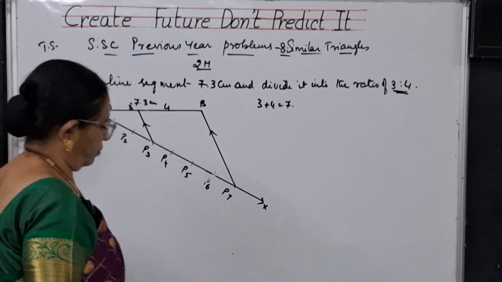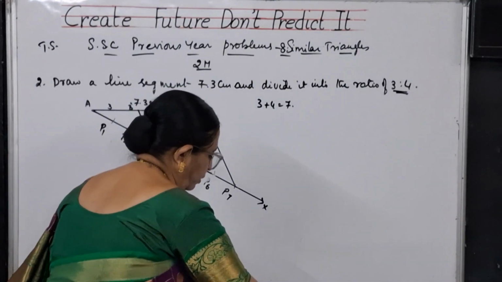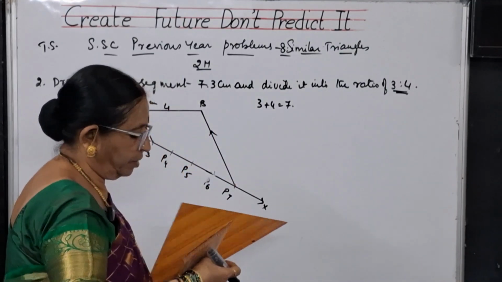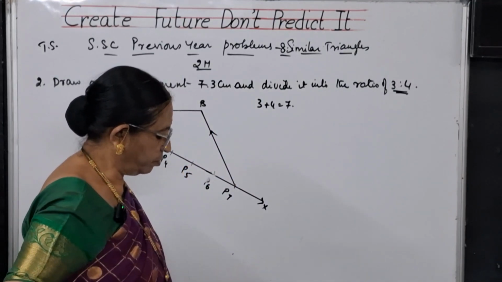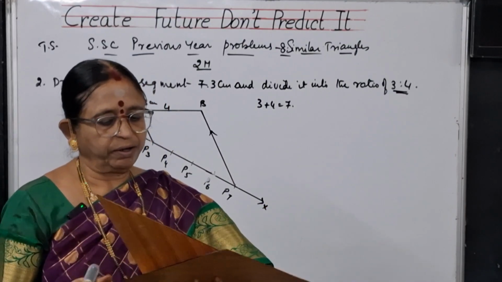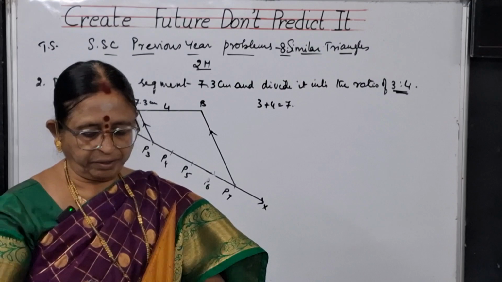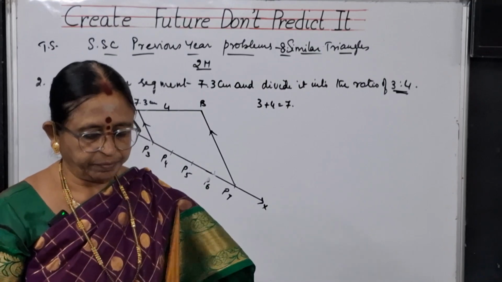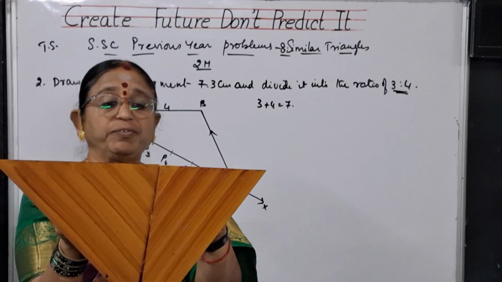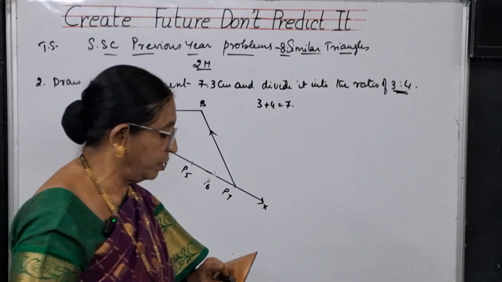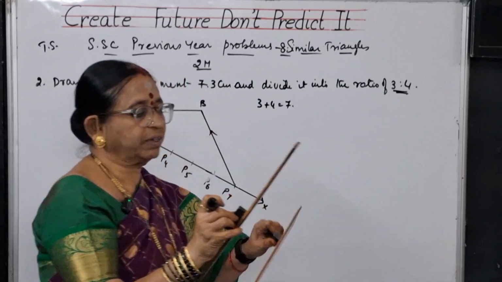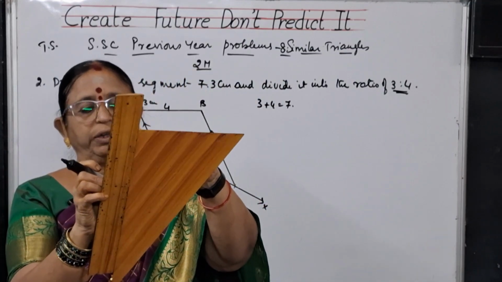So either you use two set squares in this way, children, perpendiculars either like this or this longer edge, you can join them in this way. In case you find it difficult to join them like this, you can take one set square and one scale and join them.